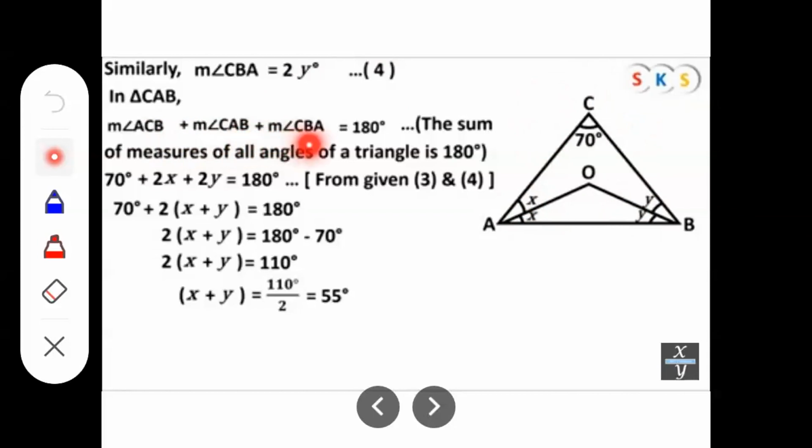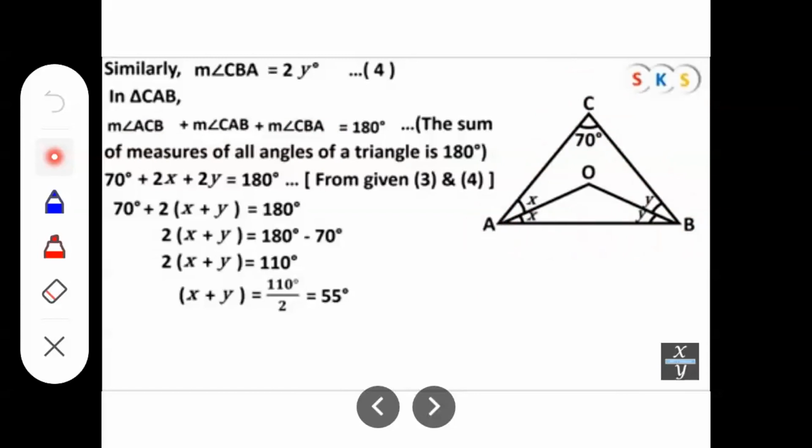The three angles of a triangle: angle C, that is ACB, plus CAB, plus CBA.